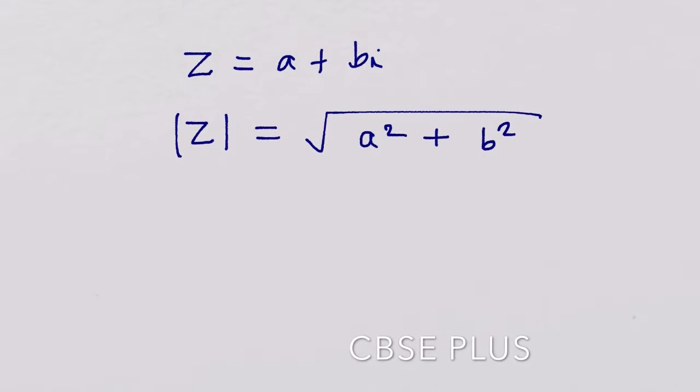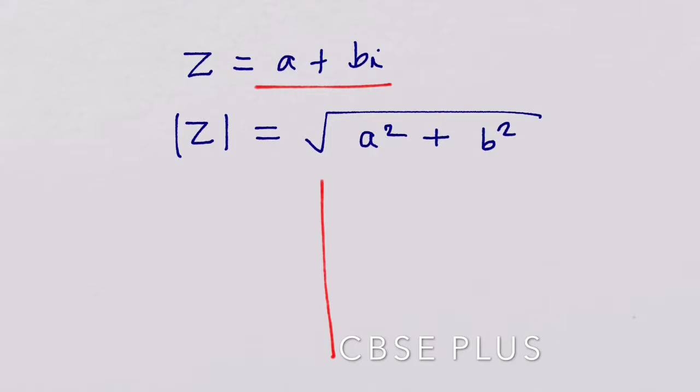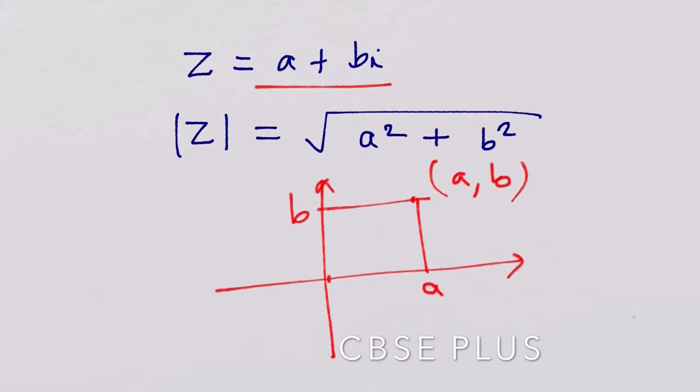Z is a complex number a plus b iota, and modulus of z is equal to under root a square plus b square. Now this we can show in the Argand plane, and we can point at the complex number by (A, B), where A is the real part and B is the imaginary part, and we are showing this on the real line and imaginary line.